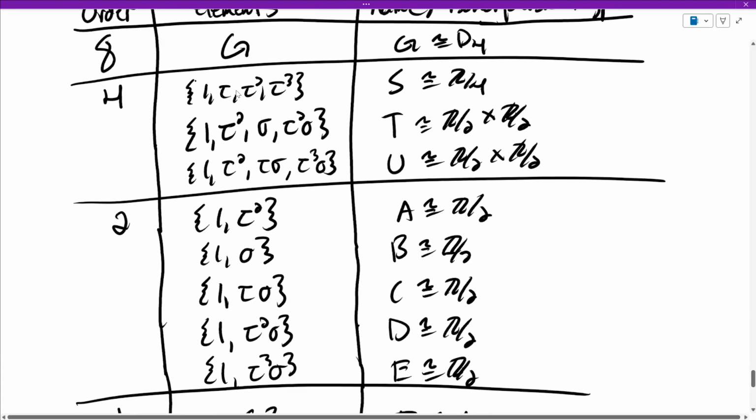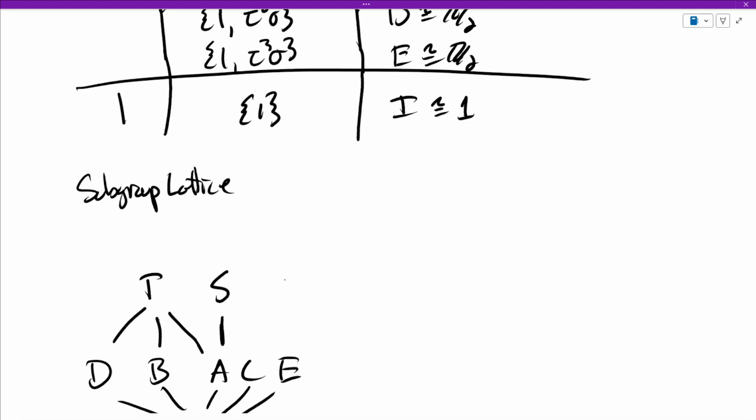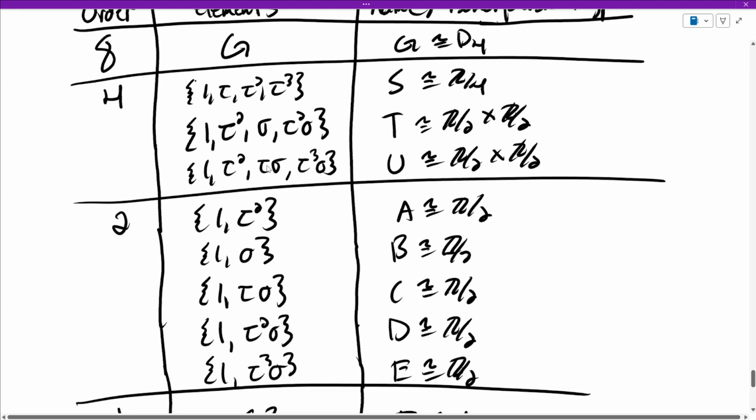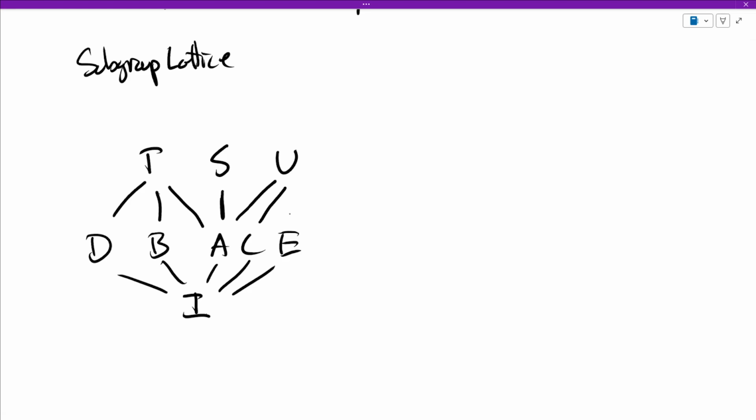So elements of S, those are just the rotations. Only A has elements in S. And let's put a U here. U is 1, tau squared, tau sigma, tau cubed sigma. So that's D. No, that's not D. That's E, C, and A. And of course, all of T, S and U are in G. So there is our not so pretty subgroup lattice.